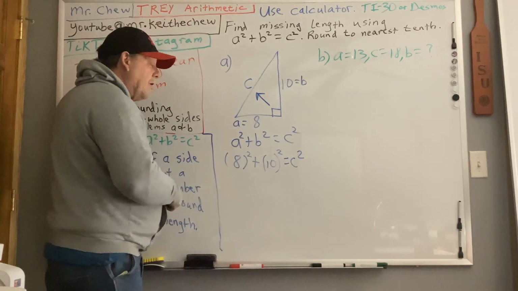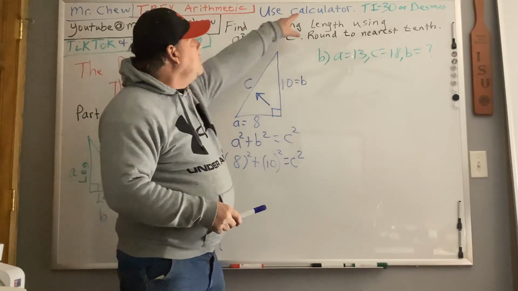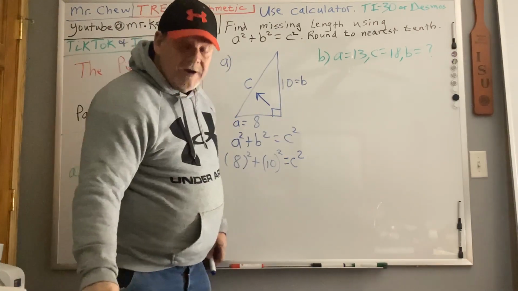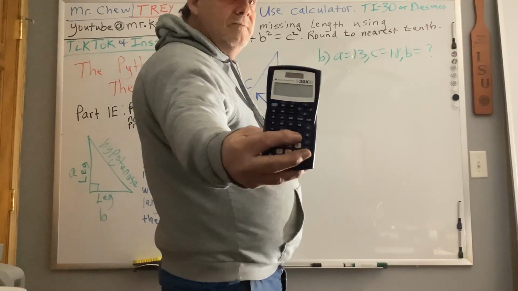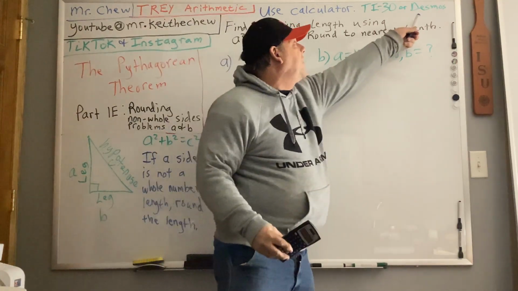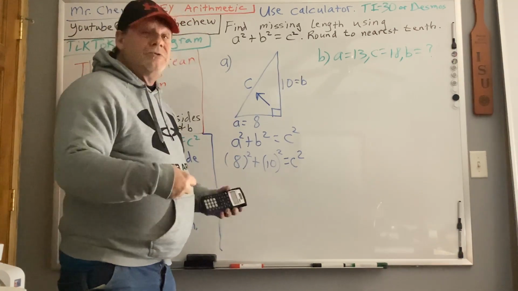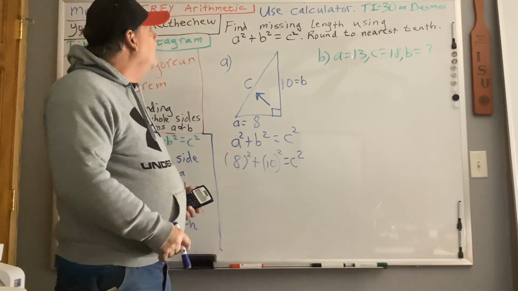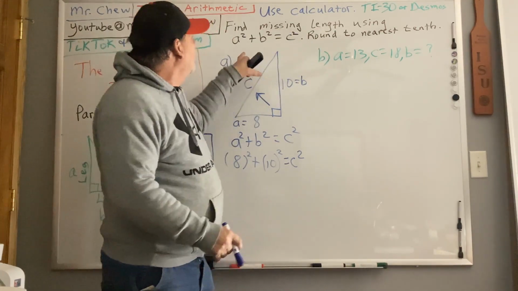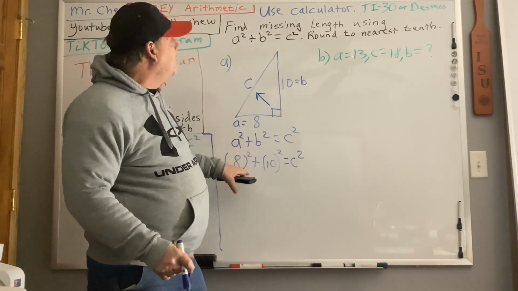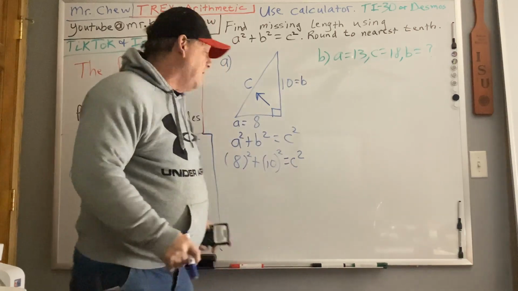All right, so I encourage you to use calculators. I use a TI-30X. You can also use a Desmos calculator, which is a free online calculator, just by going to desmos.com, scientific calculator. We're going to find the missing length using the formula. There it is, plugged in, and round it to the nearest 10th.